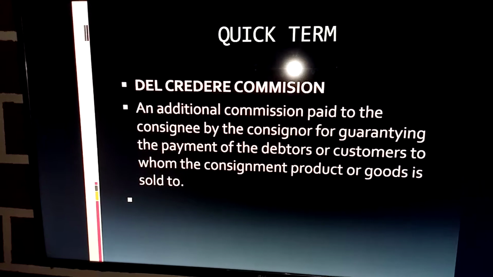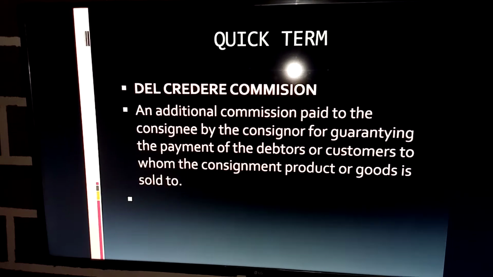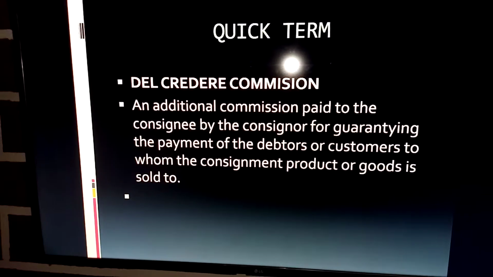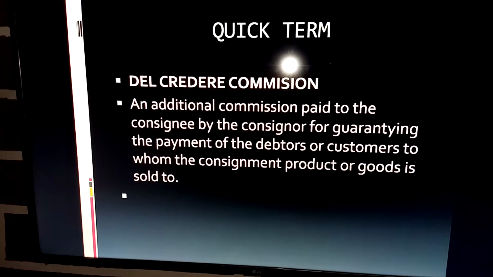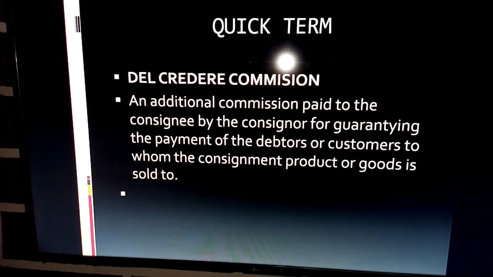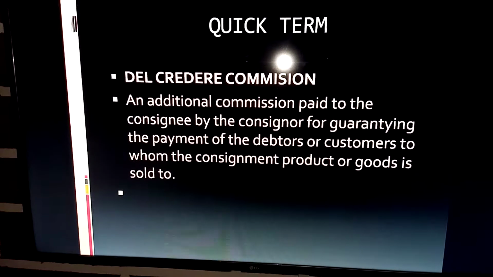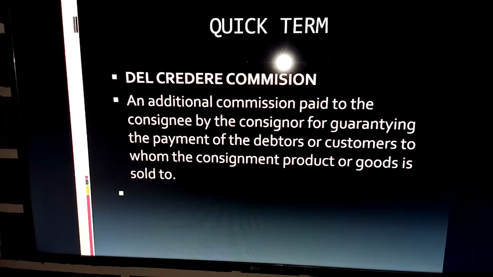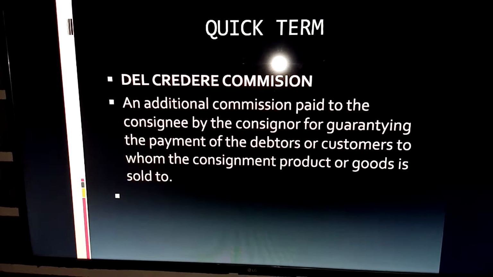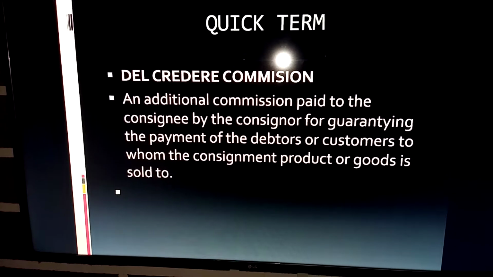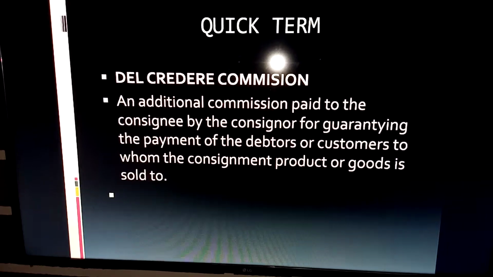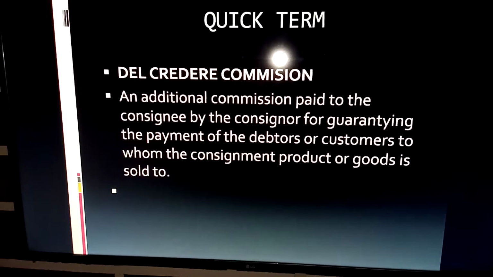So this is a quick terminology that is used in consignment. We call it del credere commission. So basically, to make it very fast, the consignee, which is the agent, sometimes, since the goods can be sold on credit, pledges or guarantees that the amount that is being owed by the debtors will be paid. So in order to motivate or to encourage the consignee, he gets what they call the del credere commission.